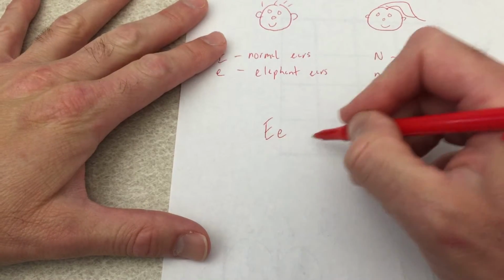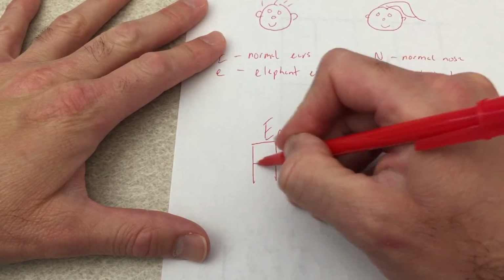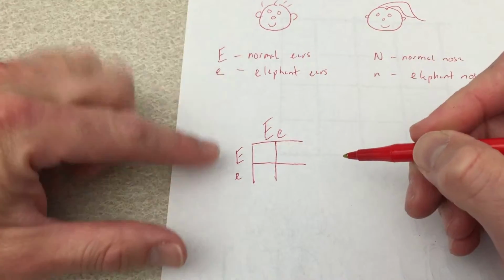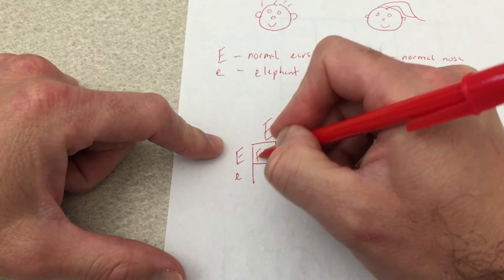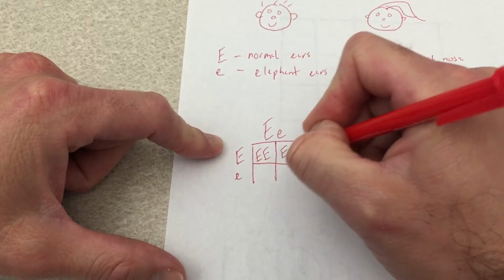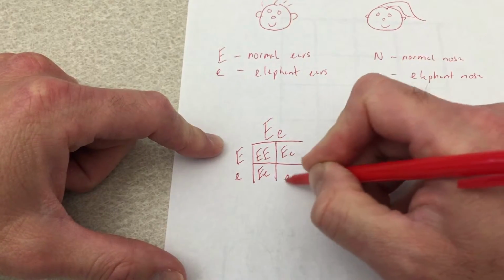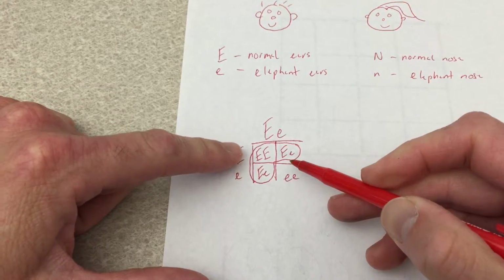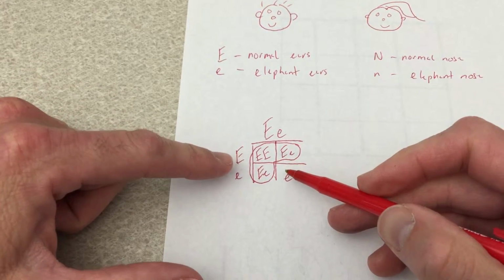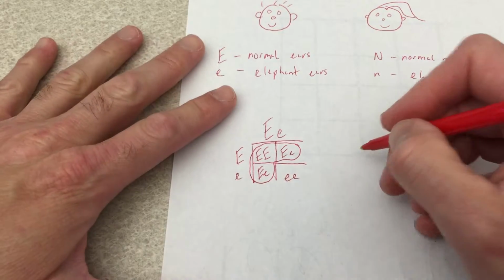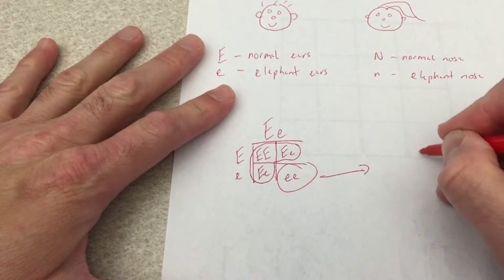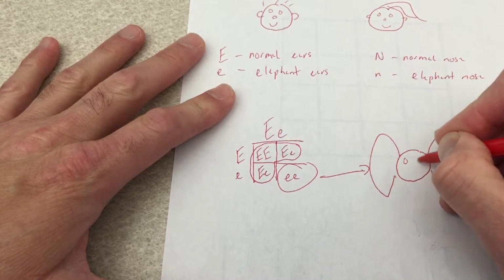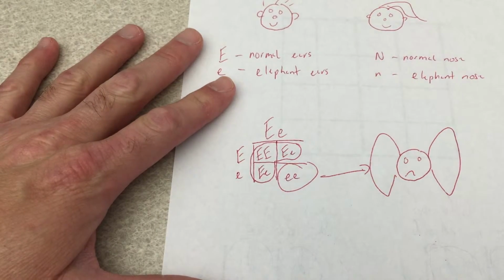So if we take an individual who is big E, little e, and cross them with an individual who's big E and little e, as we've learned with the monohybrid cross, we would have a 3-to-1 ratio of children, statistically speaking, with normal ears, and one child would have big Dumbo ears.